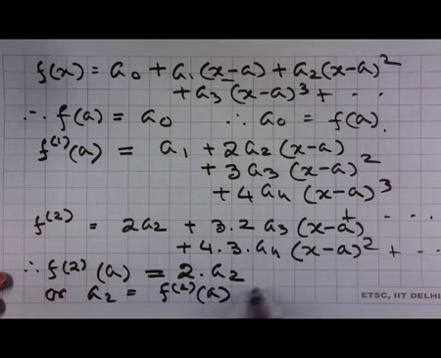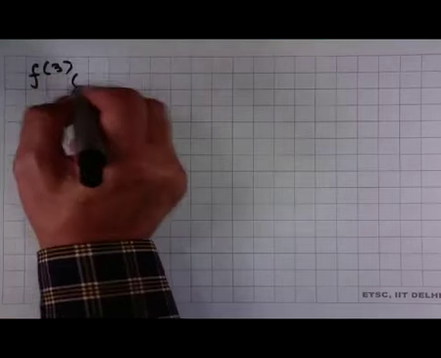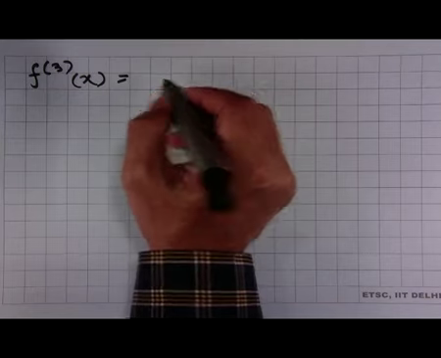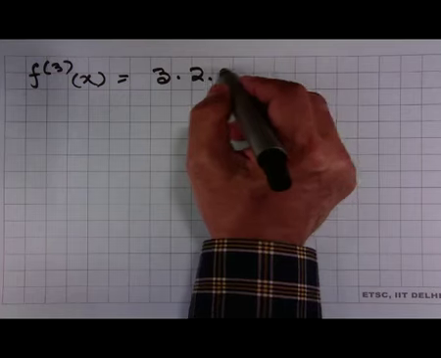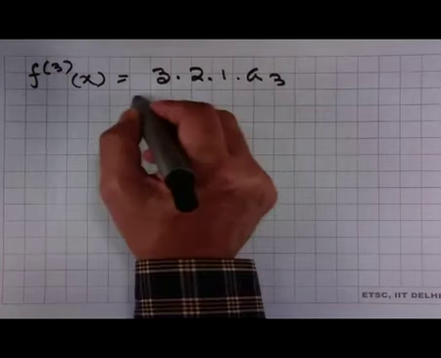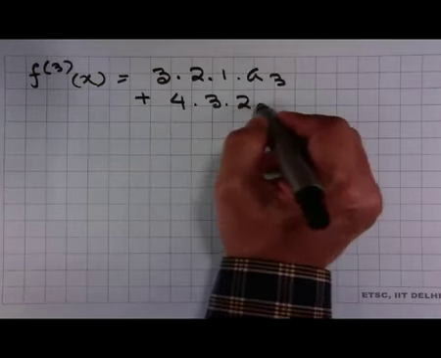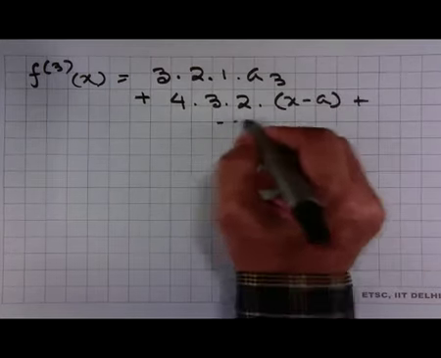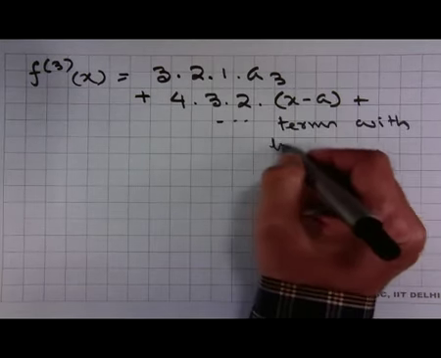at a by 2. In a similar way, the third derivative f3(x) is equal to 3 into 2 into 1 a3 plus 4 into 3 into 2 (x minus a) plus terms with higher powers of (x minus a).